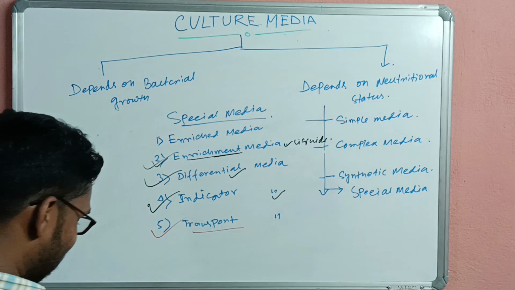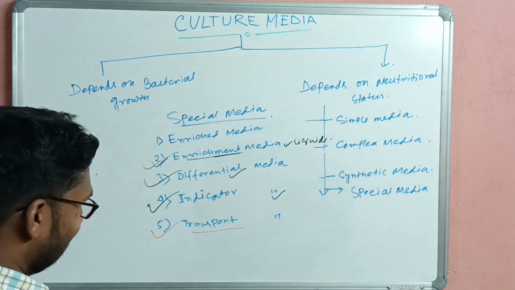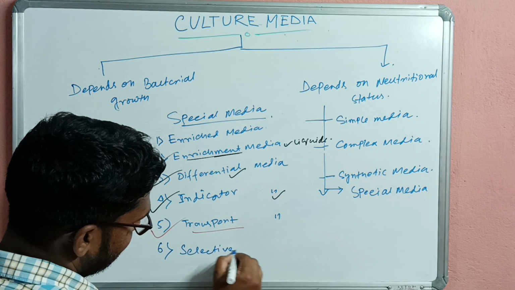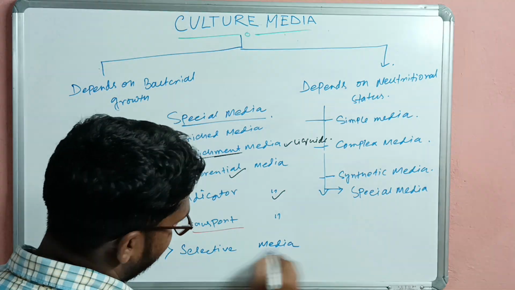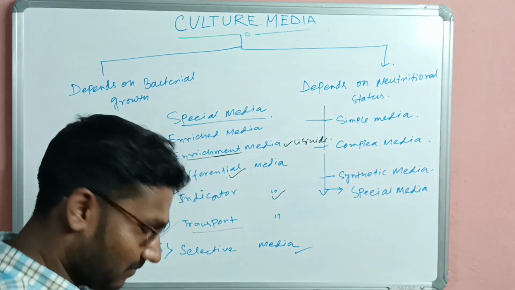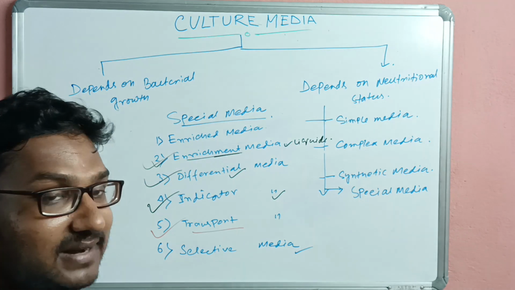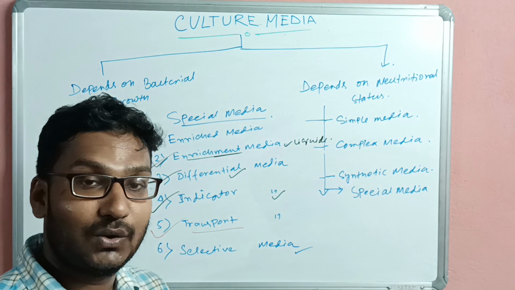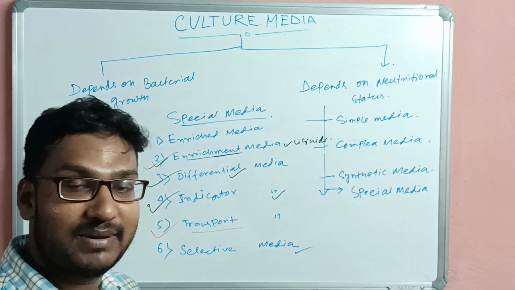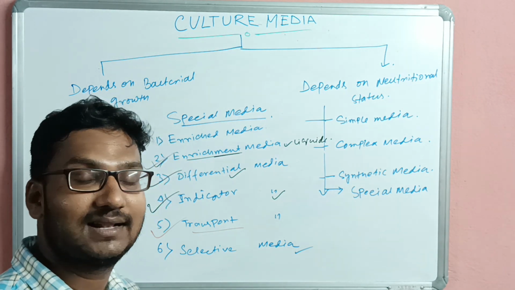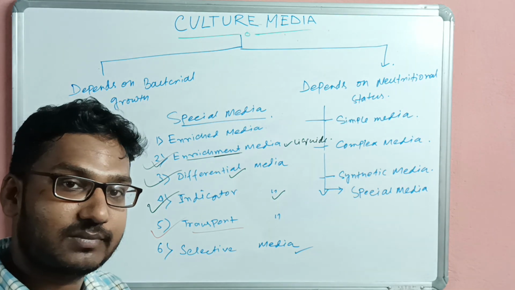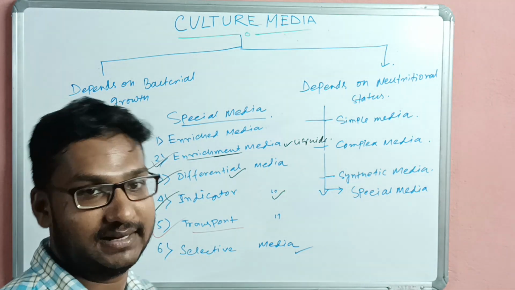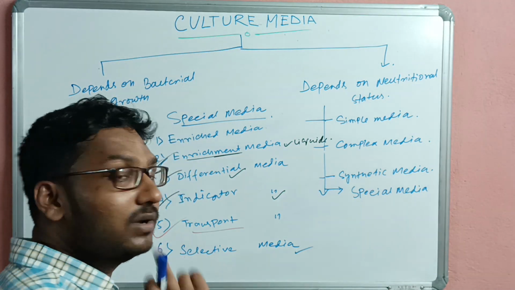Another one is the selective media. What are the main features of that? In selective media, a special ingredient is present which facilitates the growth of a special group of bacteria and inhibits the other groups of bacteria. Example, MacConkey agar.